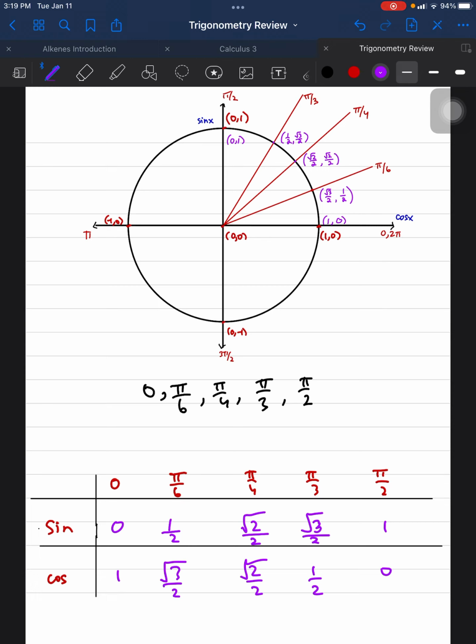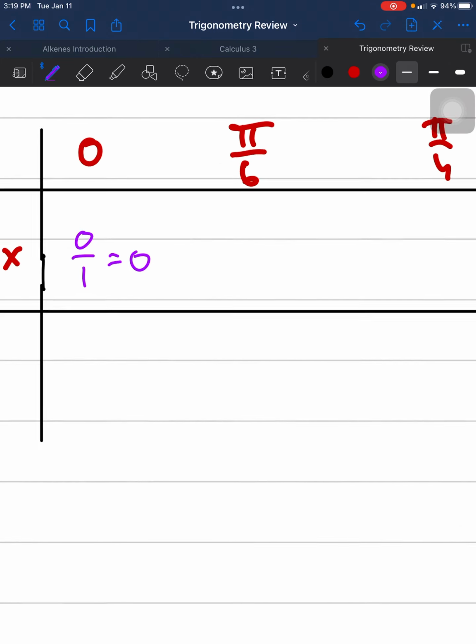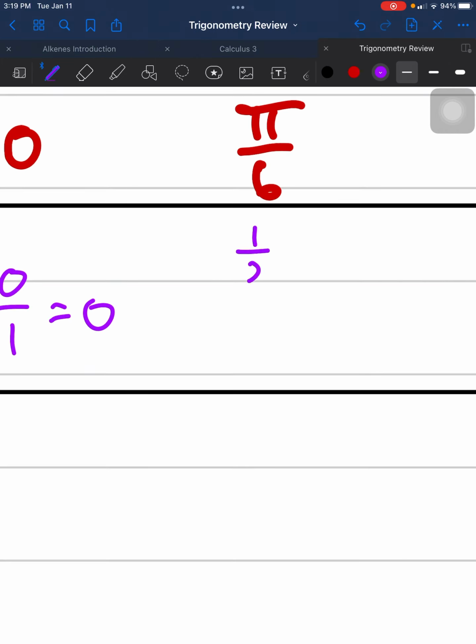Now we do the same thing for pi over 6. Sine of pi over 6 is equal to 1/2, cosine of pi over 6 is equal to radical 3 over 2. So we get 1/2 over radical 3 over 2.